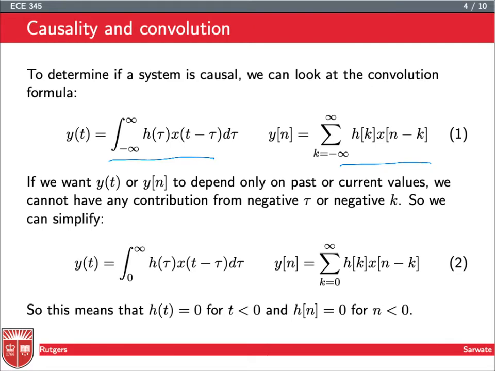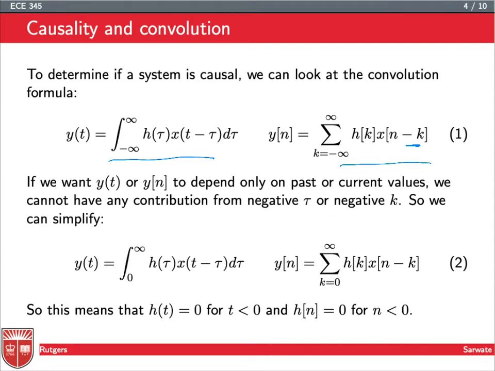Then basically, h of t minus tau is x of t delayed by tau. So if I want to make sure that what's inside here doesn't get bigger than t, I need no negative tau. Similarly over here, if I want y of n to depend only on past values, this k can only be non-negative.